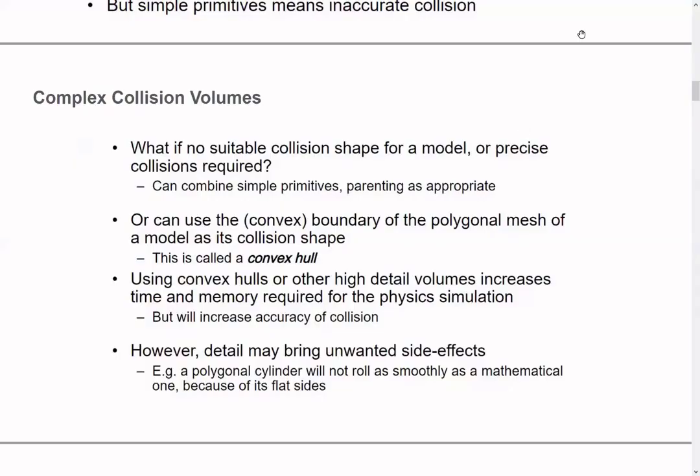If there's no such requirement, then we can simply use the primitives, or we can use the boundary of the polygonal mesh of a model as the collision shape, which we call a convex hull. Using this convex hull, we increase the time and the memory required for the physics simulation. At the same time, it will increase the accuracy of the collision as well.